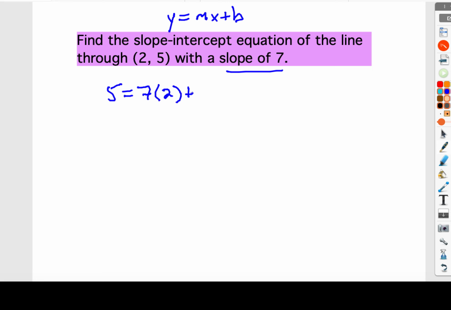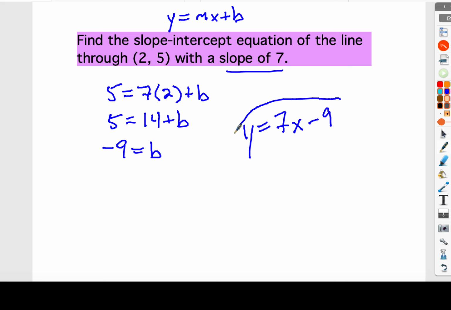What I don't know right now is my y-intercept, my b value. So 5 would equal 14 plus b. If I subtract 14 from both sides, b is -9. So now I can write my model y equals 7x minus 9, and very simply, we used one coordinate to find the missing part of my equation.